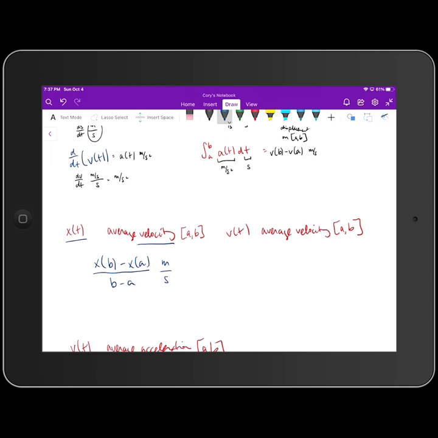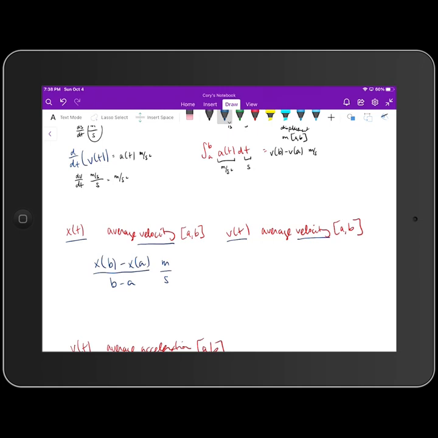If we're given the velocity function and asked to find average velocity on the closed interval from a to b, how does our function relate to the function we're trying to find? If we're given velocity and asked to find average velocity, that's just asking us to find the average value of the function.